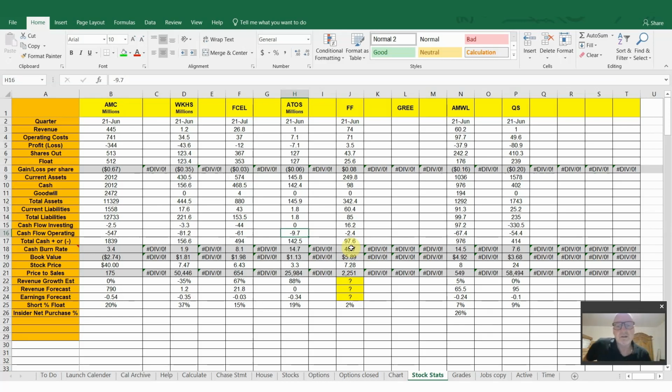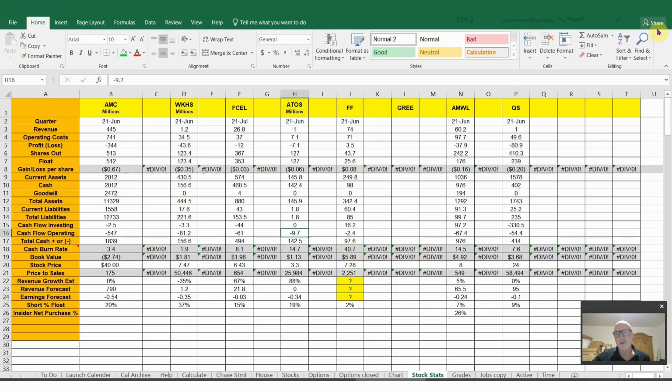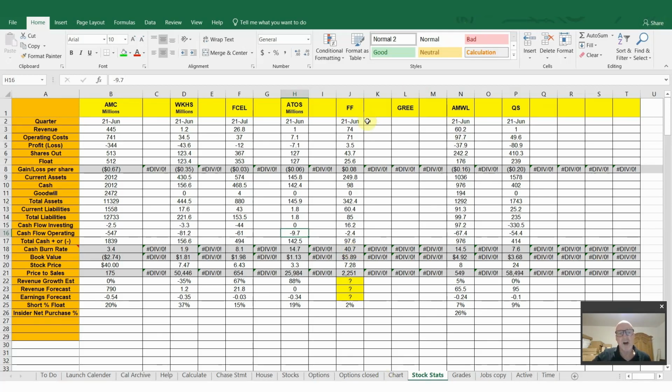But this is just to give you a general idea of how you approach finding a stock and deciding whether it's worthwhile to play for the long term, because my strategy is based on building a position in one stock or a group of stocks and selling options against those stocks for a long period of time, as long as the options market is trading well in those stocks. So that's one of my strategies.